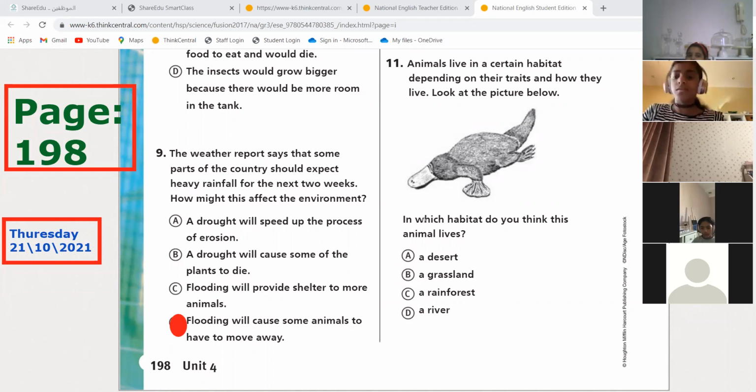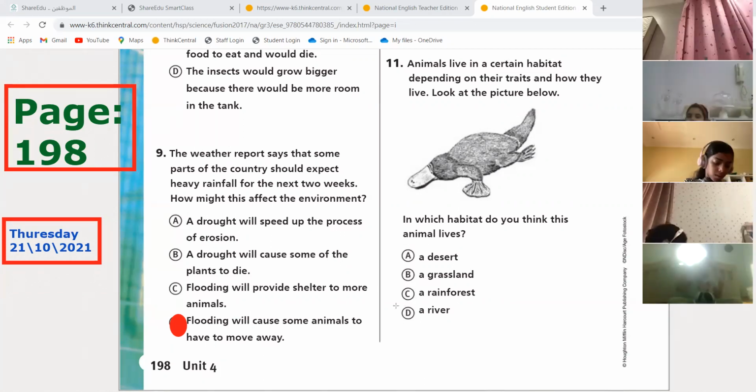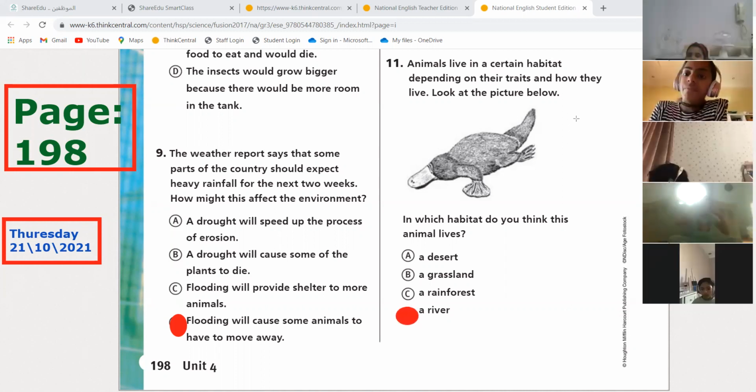Does it live in a desert, grassland, rainforest, river? I think it's rainforest. This one lives in a forest? Are you sure? Get closer. A river, excellent. Can you tell me why did you choose a river? Why this one lives in a river?